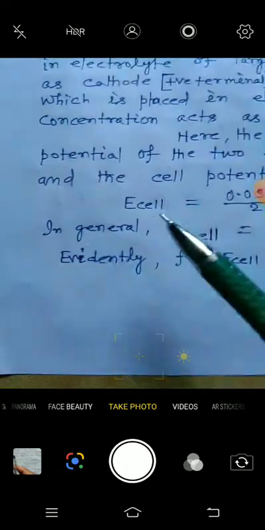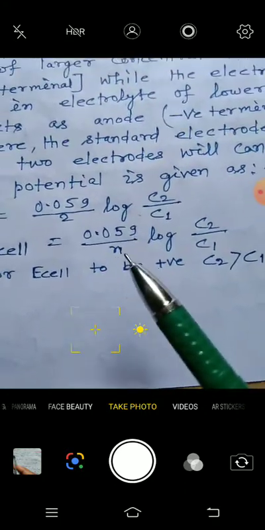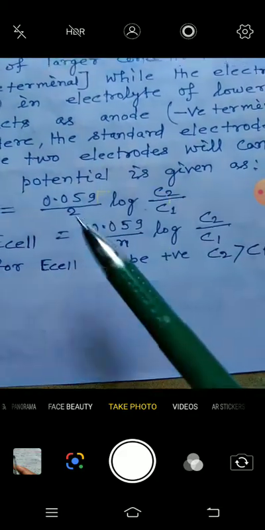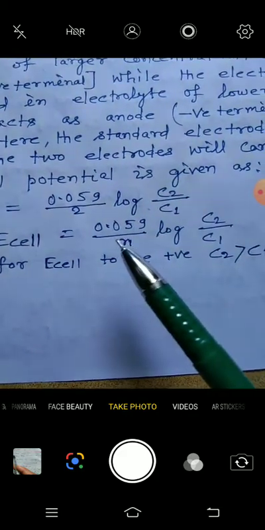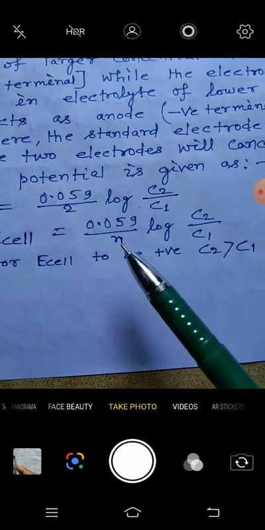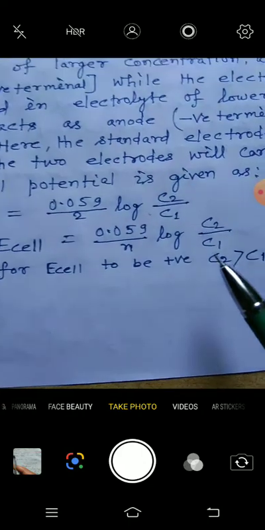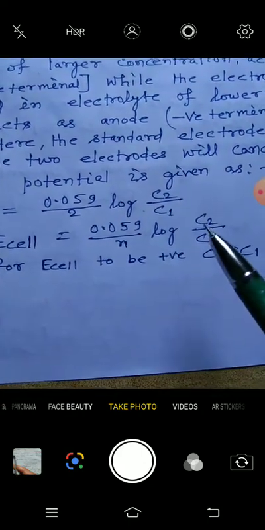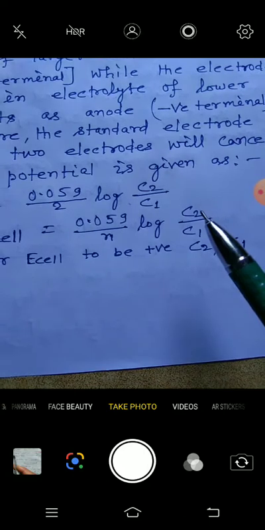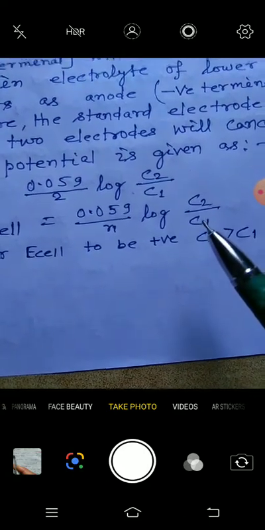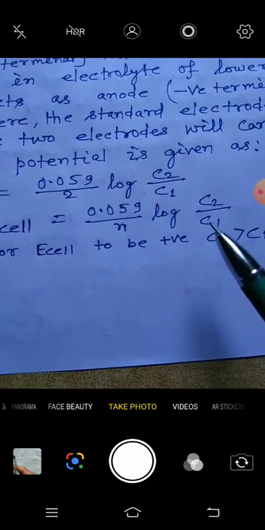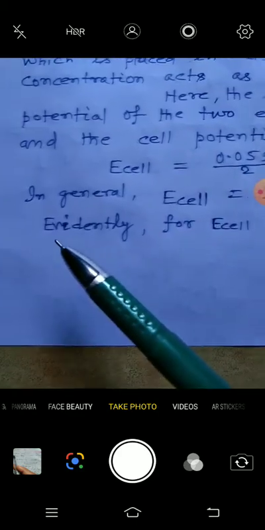Just you can see here, in general E cell will be equal to 0.059 by n log C2 by C1. Because this was copper, that's why it is 2 here, but in other cases it will be in general n, and n may be 1, 2, 3 and so on. C2 is the concentration of the right hand electrode solution and C1 of the left hand electrode solution.